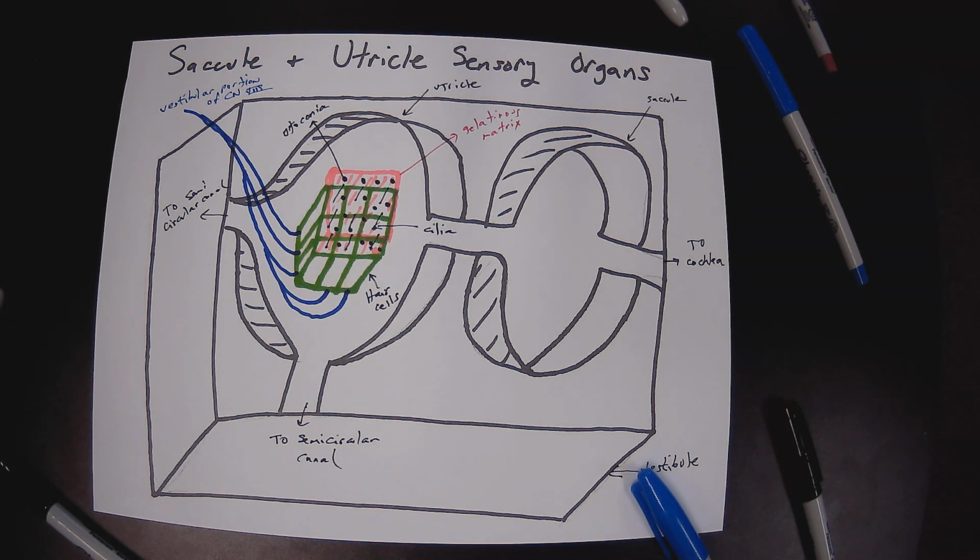How do you know it's going forward? It detects forward and back motion. Aside from the fact that I said it already, it does detect forward and back. That's correct. But when you look at the picture, can you see why it detects forward and back? Is it tension on the cilia?